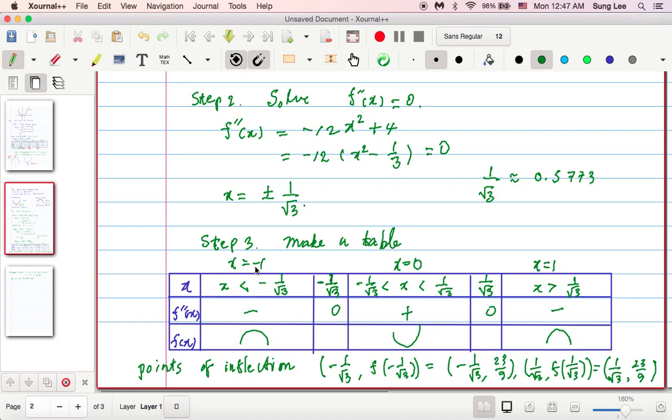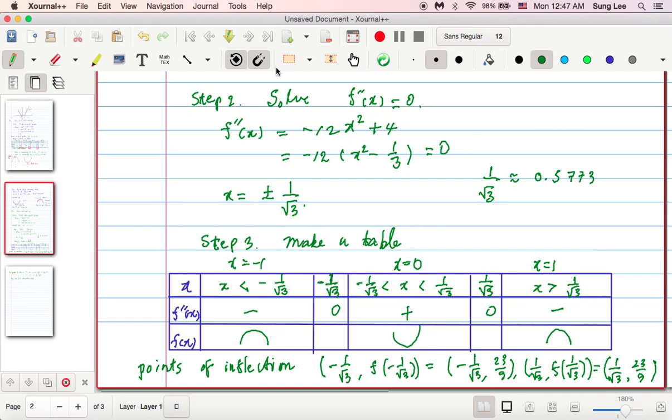So in this part the graph is concave up. So f of negative 1 is going to be a local maximum. f of 0 is going to be a local minimum value, and then f of 1 is going to be, again, a local maximum value, right?